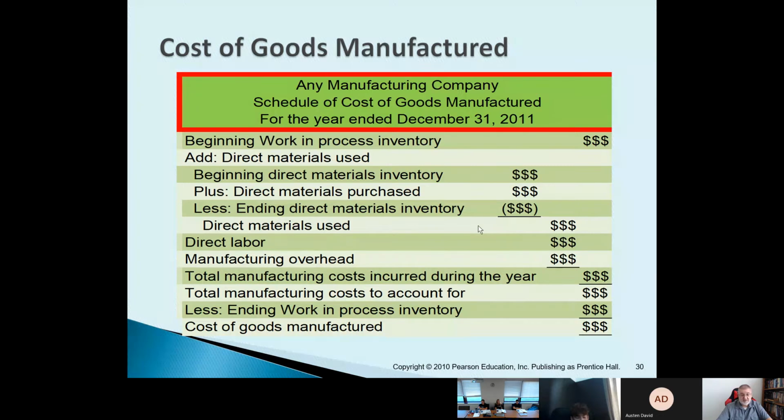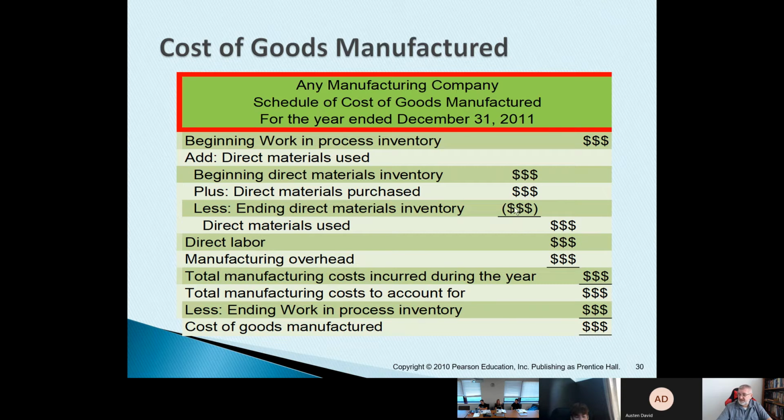Now, again, in spreadsheets, you guys are going to see this listed two different ways. Sometimes you'll see parentheses around it. Sometimes you'll see a minus sign in front of it. Okay? Just understand, anytime you see parentheses around it, you're subtracting. Okay?